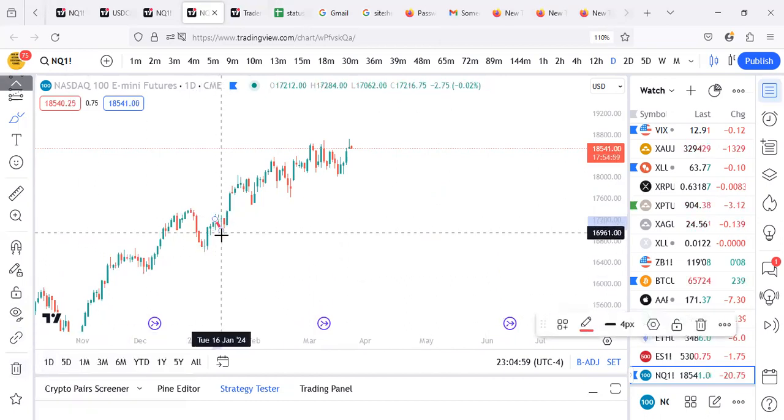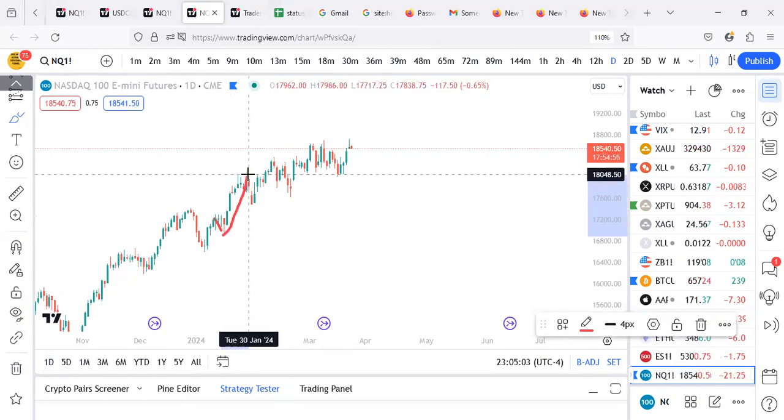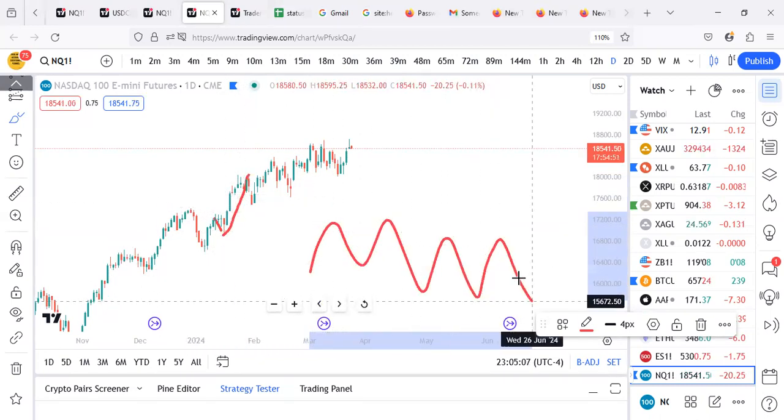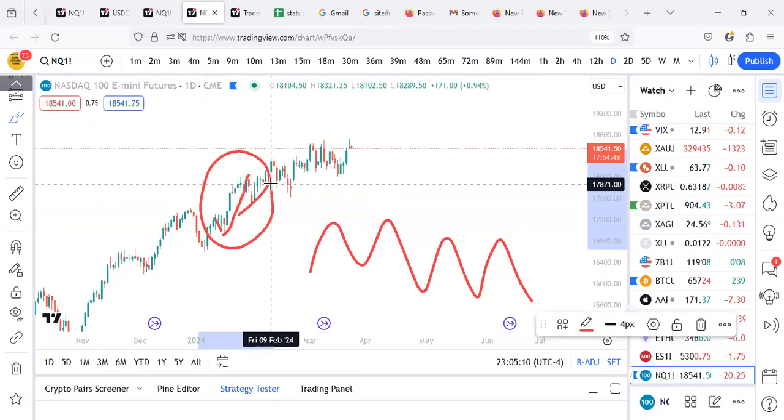And when this correction happened, I said another parabolic up move, a short squeeze, will occur. If you would have been trying to scalp your way like this, you would have totally missed this thing.